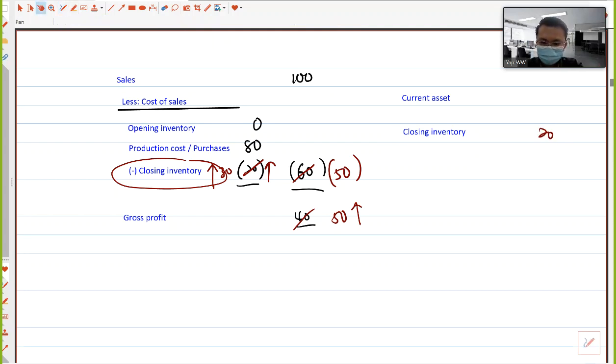Closing stock in the profit or loss is 20, so current assets will be 20. If I change this to 30, current assets will also be overstated. Anyway, we still have to revise this later. In chapter 12 we will look into this. Inventory is not easy to audit.